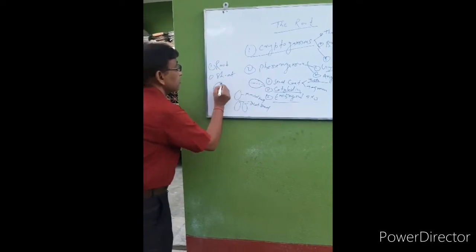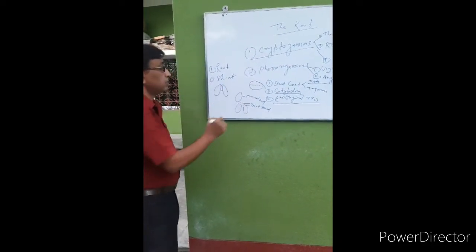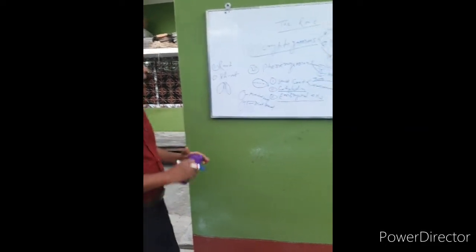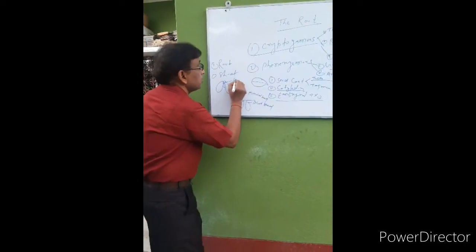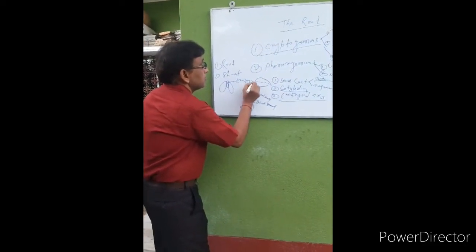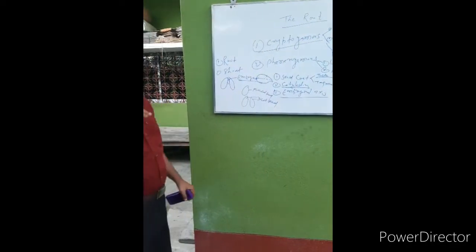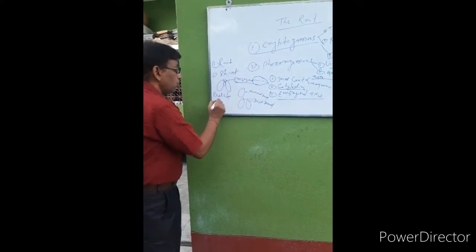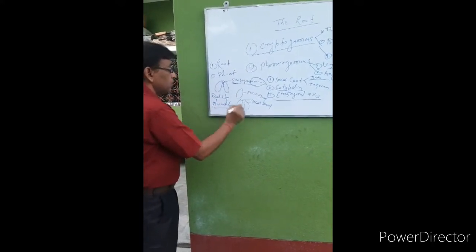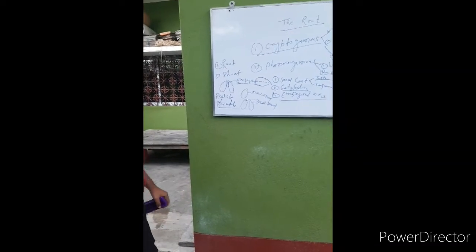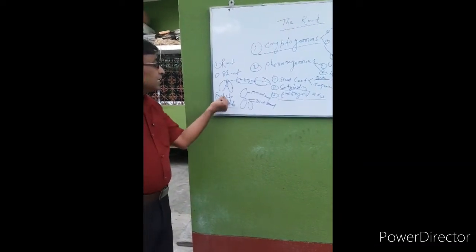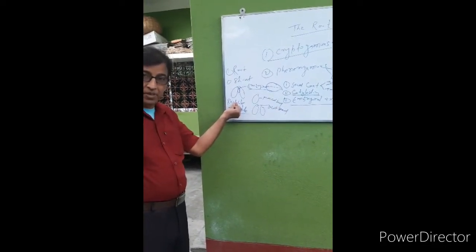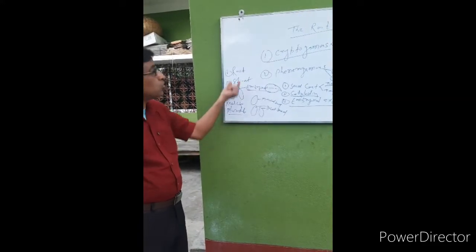This one is the embryonal axis, which is present between two cotyledons in a dicot plant, and this embryonal axis contains two parts, the radicle and plumule. This radicle gives rise to root after germination, and this plumule gives rise to shoot after germination.